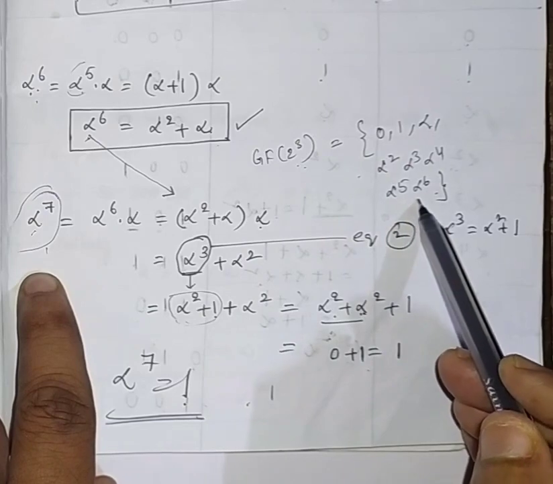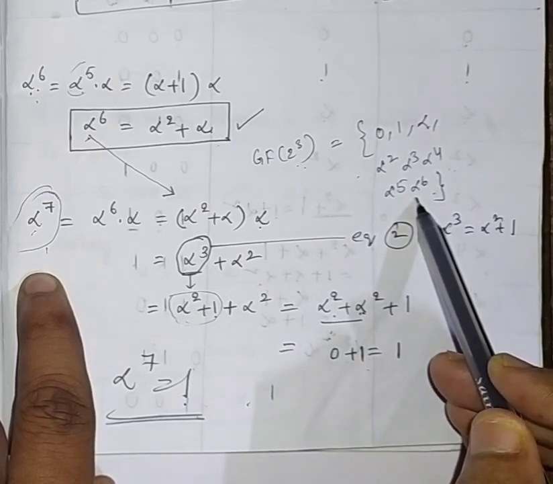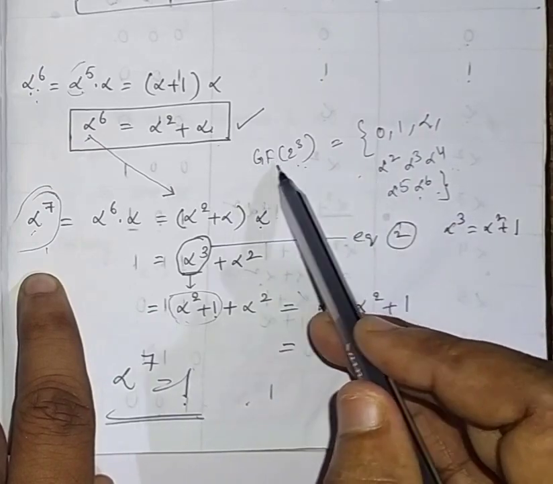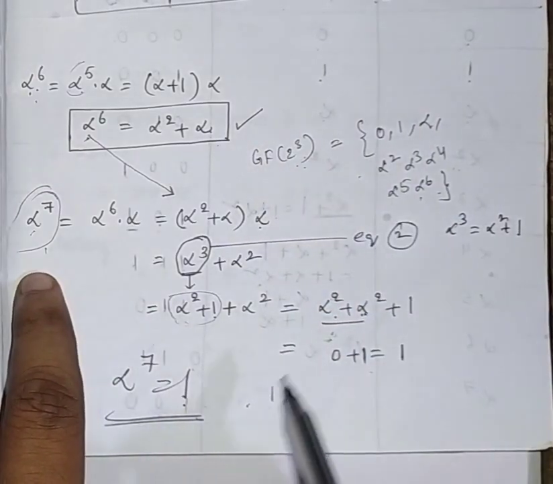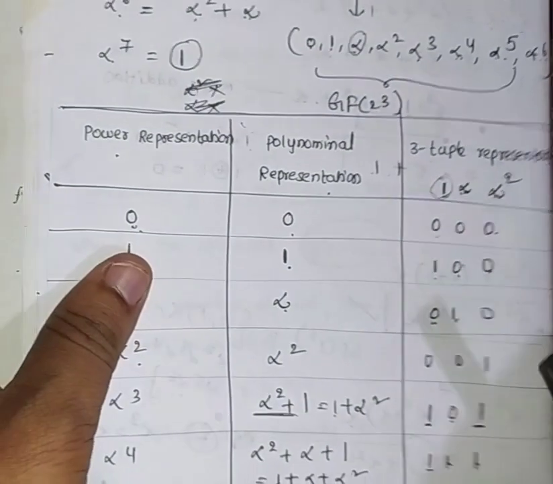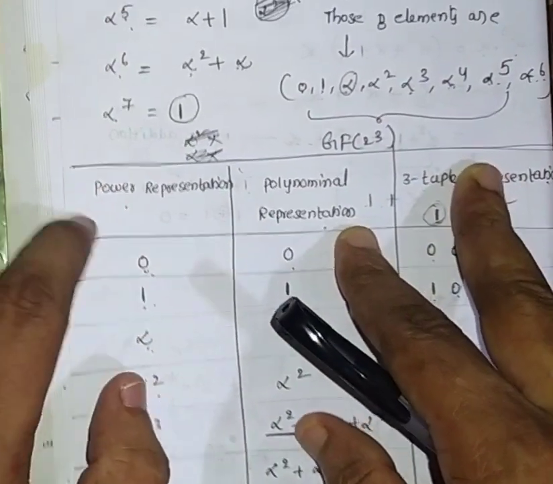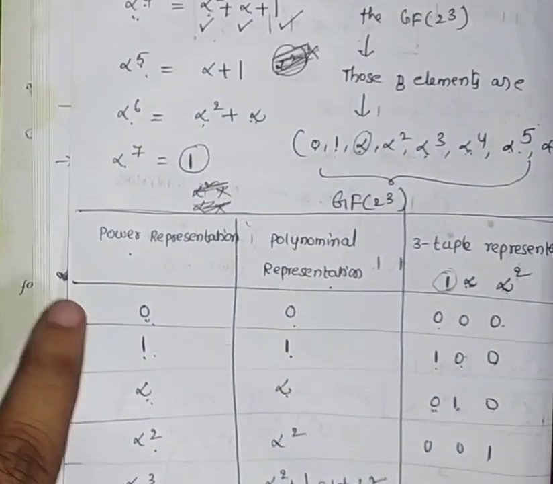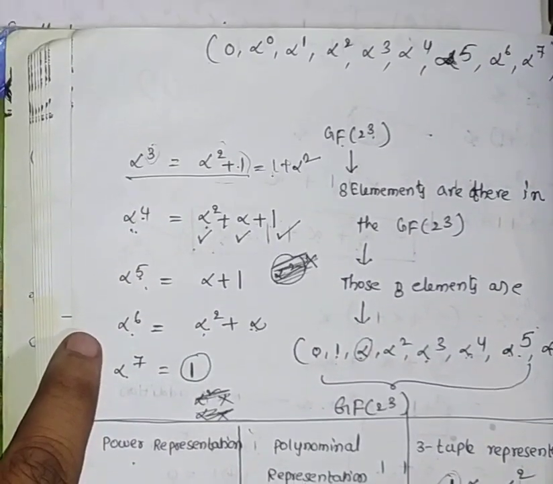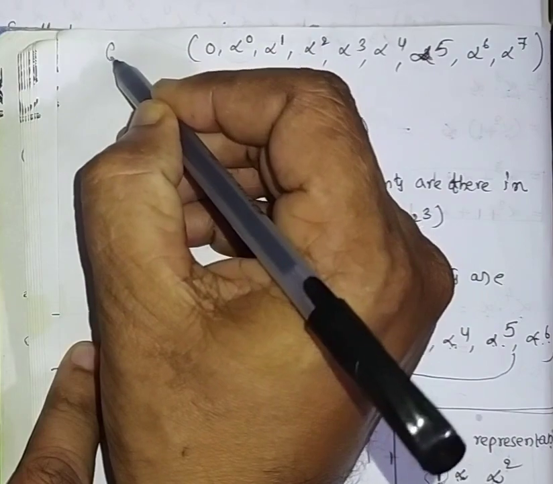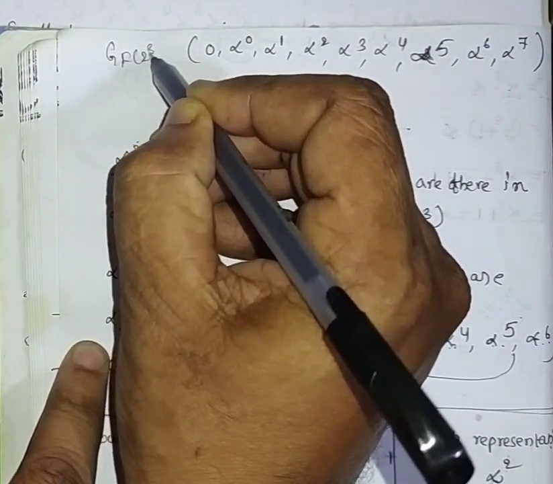So up to alpha to the power 6 only is available in the Galois field 2 power 3. So these are the elements of the Galois field 2 power 3.